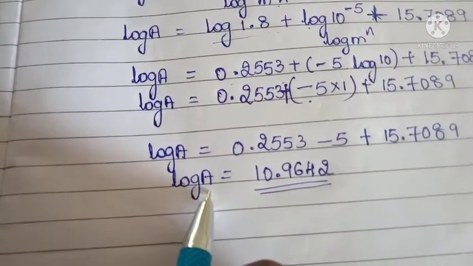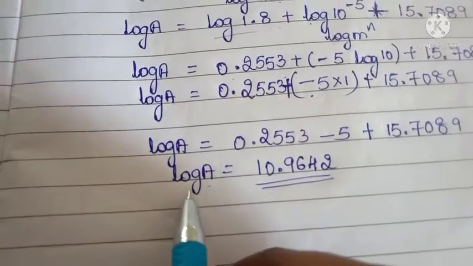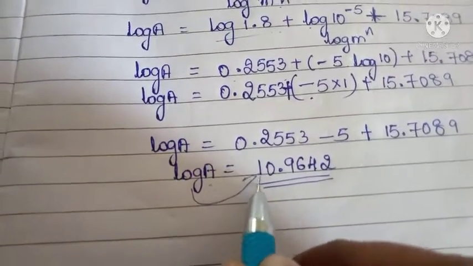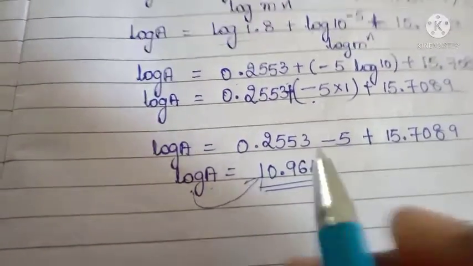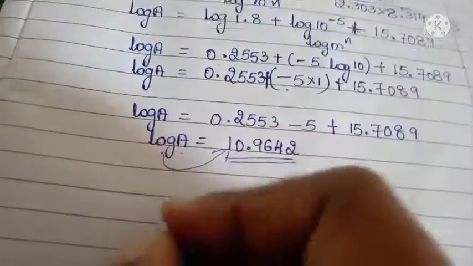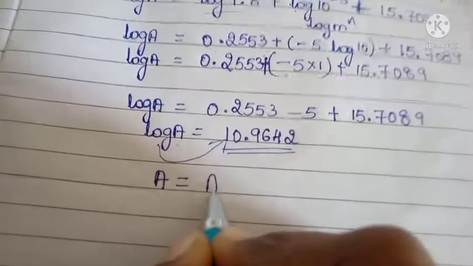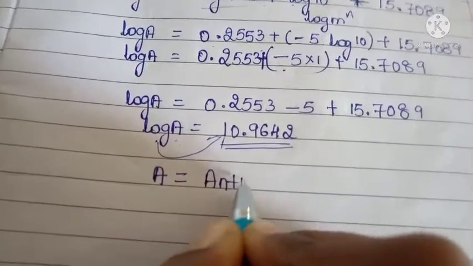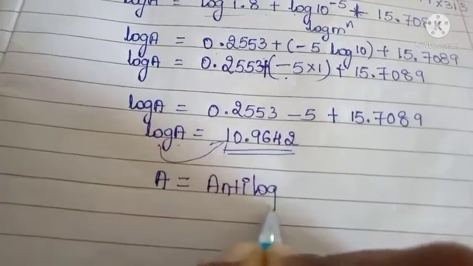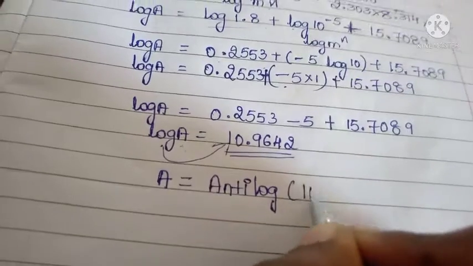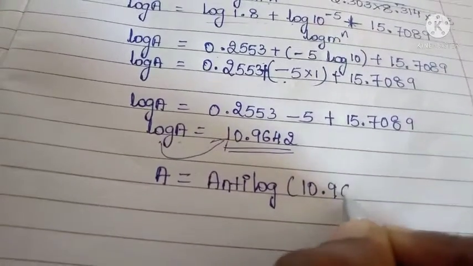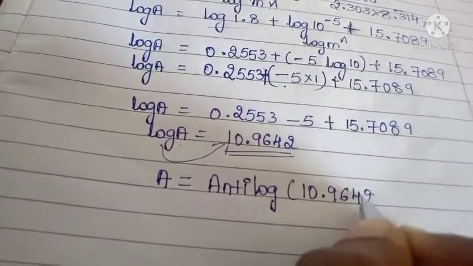Okay, this is the log A value, but we need the A value, not log A. So you have to convert this log, so log is converted to anti-log. So A is equal to anti-log of 10.9642.